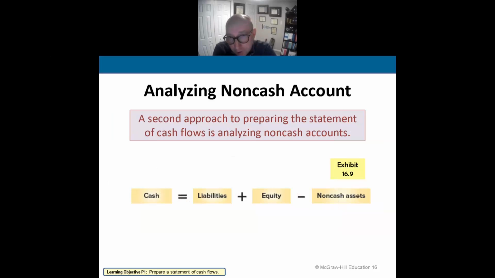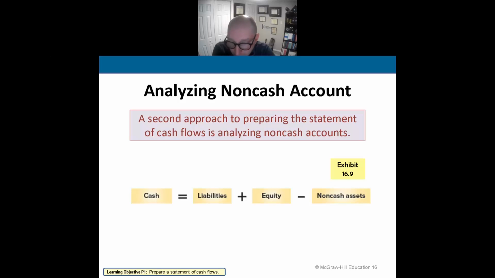You can also look at the statement of cash flows by looking at non-cash accounts. The way we do that is we take our liabilities on the balance sheet, total liabilities, plus total equity on the balance sheet, minus non-cash assets.